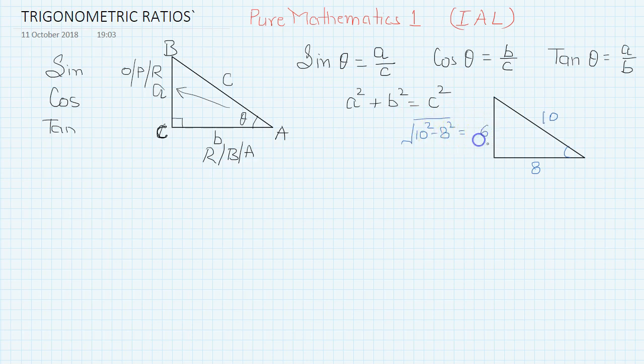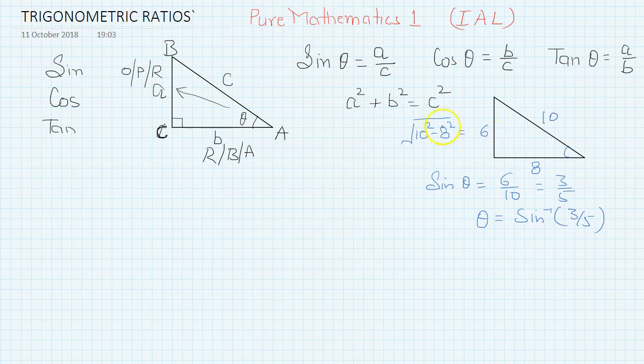So this side is 6. To find this angle, we can write sine theta is equal to 6 over 10, that is 3 over 5. So theta will be sine inverse 3 over 5, and you can calculate the angle using your calculator.